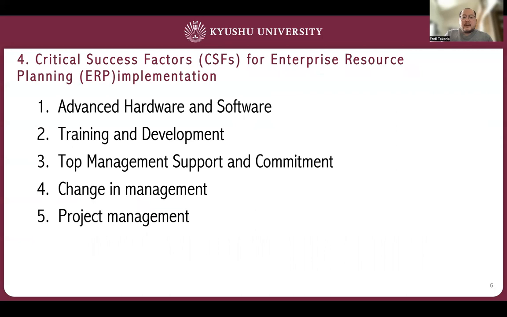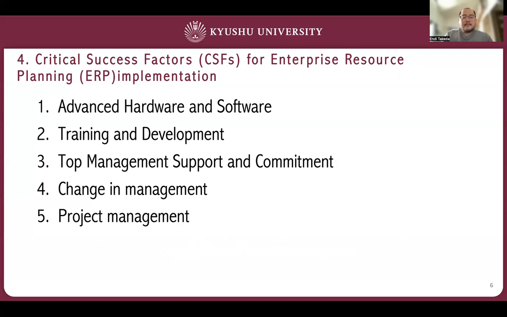Five of them are advanced hardware and software, training and development, top management support and commitment, change management, and project management. When we talk about advanced hardware and software, it's almost self-explanatory.